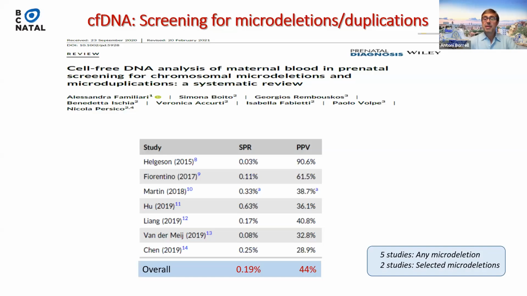Among these 7 series, 5 were dealing with any microdeletion, and 2 studies were focused on detecting selected microdeletions. The screen positive rate is not high, it's 0.19%, so relatively low. And the positive predictive value is intermediate. So only 44% of the positive cases are confirmed.